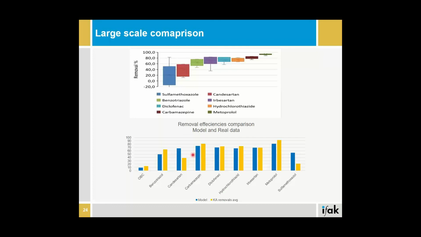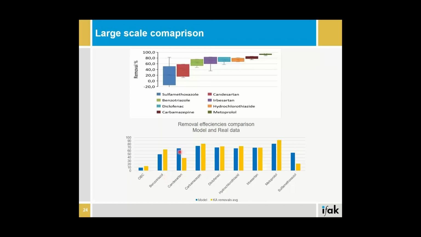Here we can see there is a bit of underestimation for most of the micropollutants, and that can be explained because in the wastewater treatment plant PAC recirculation was done into biological treatment, and in our model that was not considered. And we expect that when PAC is recirculated, there will be further adsorption or further removal of micropollutants.